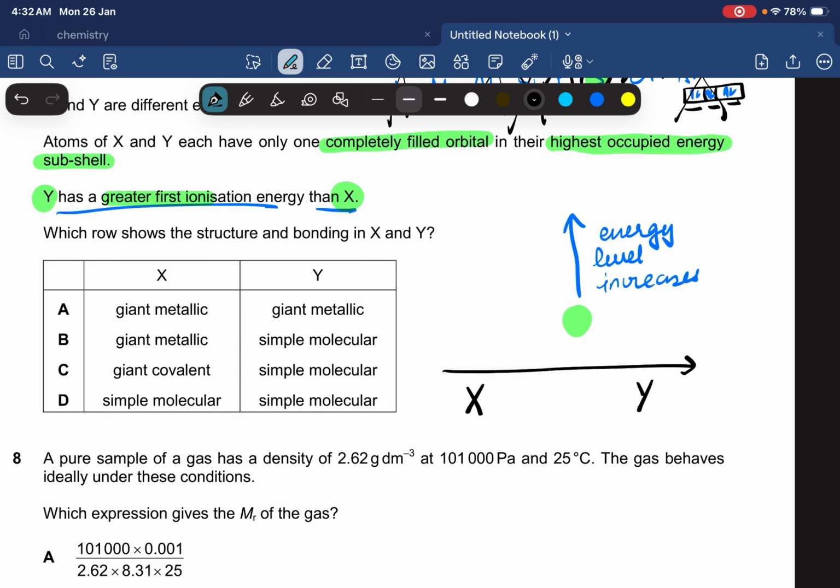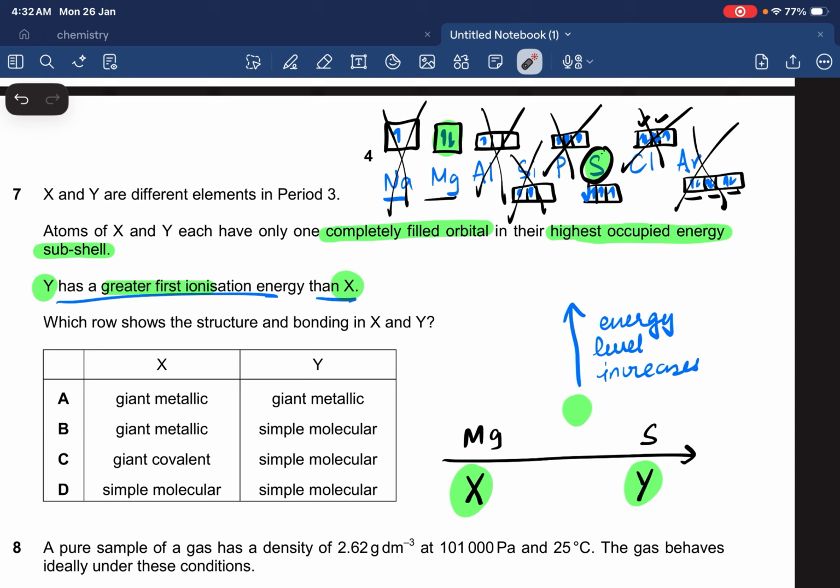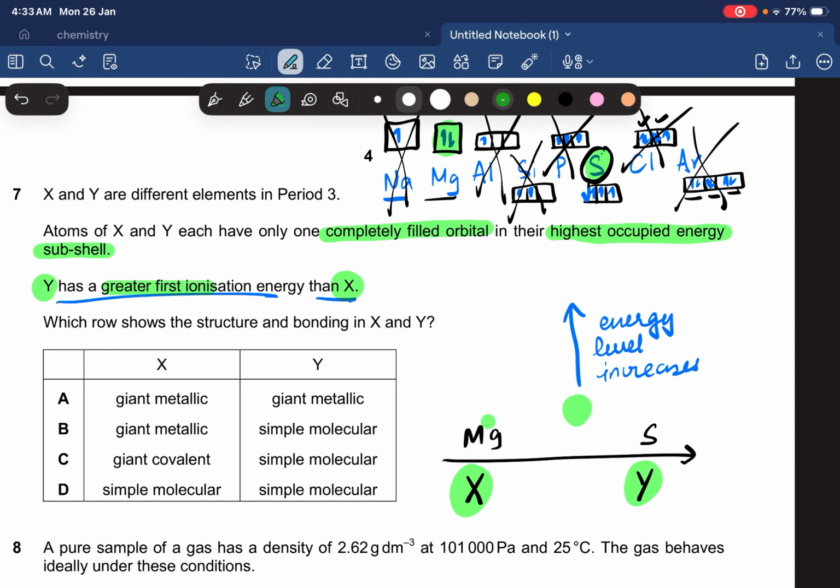So X has to be magnesium and Y has to be sulfur, because we know sulfur is going to have more ionization energy than magnesium, since it's more on the right side of the periodic table. Magnesium has a giant metallic structure, and sulfur has a simple molecular structure, which makes option B the correct one, right?